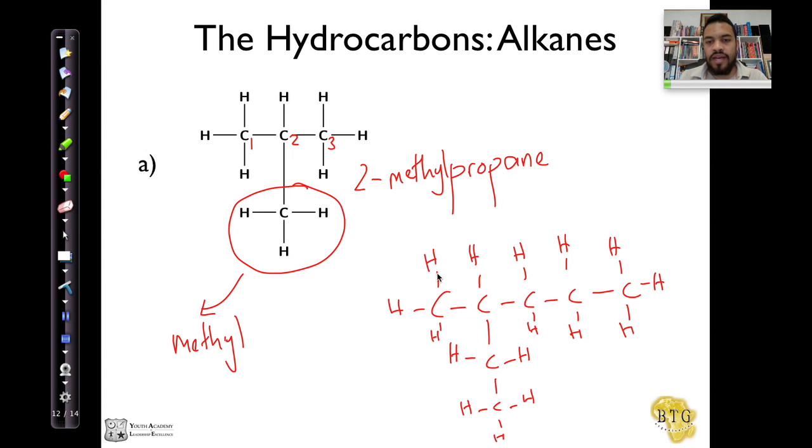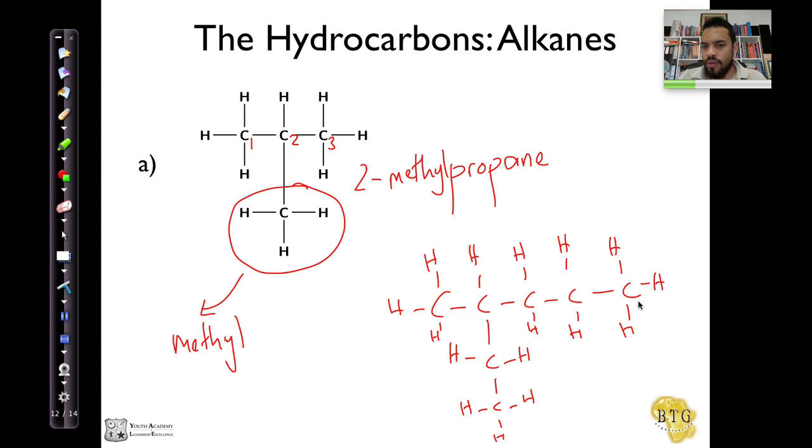Now, in order to name this, we need to firstly find the longest chain, and I'm going to use blue, and I suggest you draw this out as well. What's the longest chain over here? Let's count. 1, 2, 3, 4, 5. Well, is that the longest chain? 1, 2, 3, 4. Is that the longest chain? Definitely not, because we previously had 5.